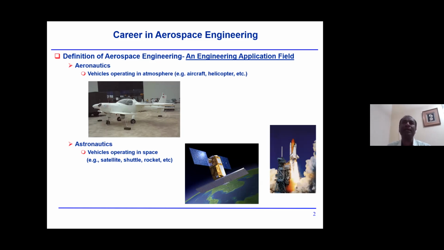Technically, the definition of aerospace engineering is a convergence of two fields. First is aeronautical: vehicles operating in the atmosphere, the sciences of aircraft, helicopters, even balloons, for example. Those are aeronautical components. Another component covered in aerospace engineering is astronautics.